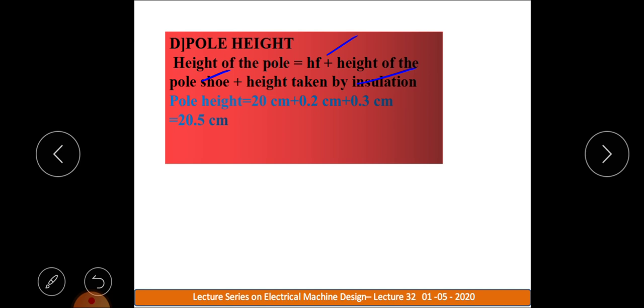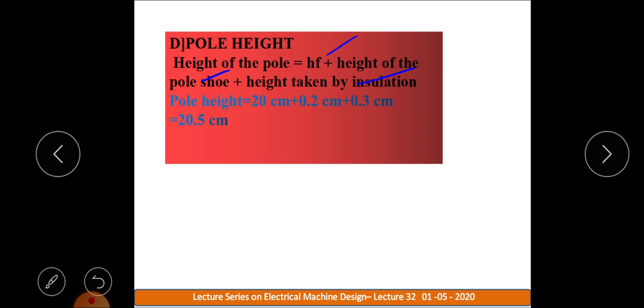So overall we are going to get 20.5 centimeter. Now this pole height is calculated as per this problem statement.